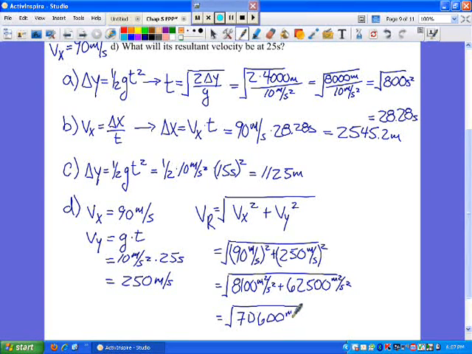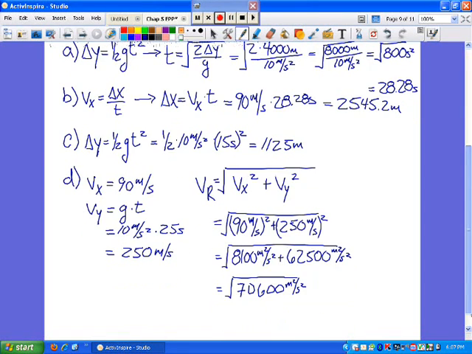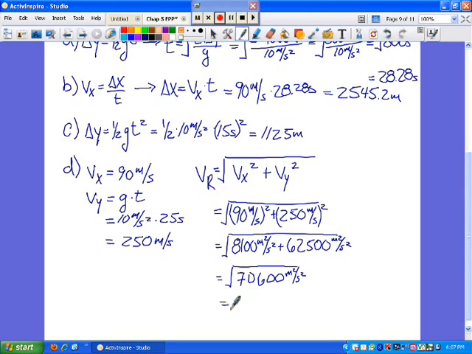When added together, that will give us 70,600 meters squared per second squared underneath our square root. In taking the square root of that, we end up with a resultant velocity of 265.71 meters per second.